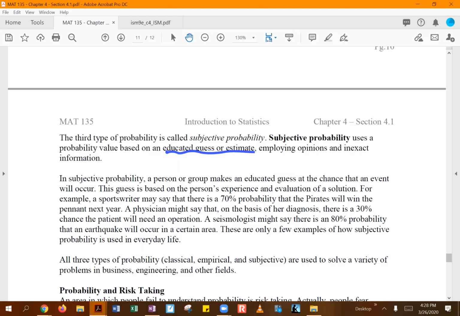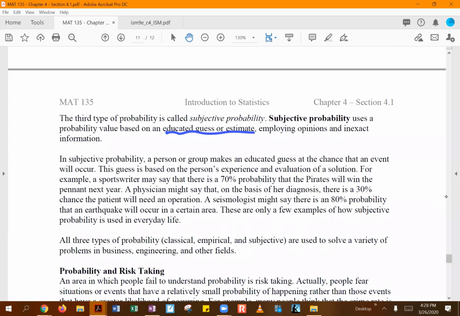So here we're talking about a person or a group making an educated guess about the chance that an event will occur. So again, it will depend on the person's experience, how they are evaluating the situation. For example, a sports writer may say that there is a 70% probability that the Pirates will win the pennant next year.